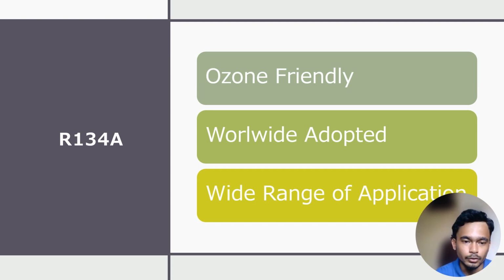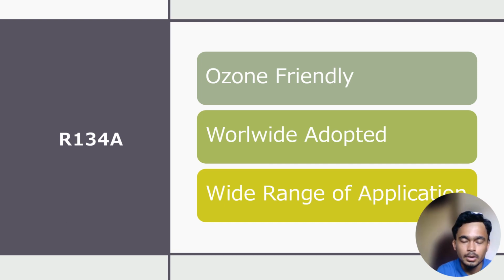Okay, next we move on to R134A. This refrigerant is considered ozone friendly because it has a low value of ODP, and it is also worldwide adopted, meaning that it is available almost in all parts of a country, which is good because it will be easier for any person doing maintenance work on the chiller.